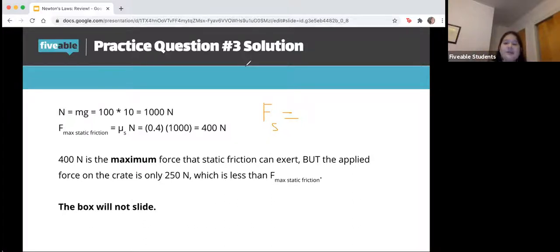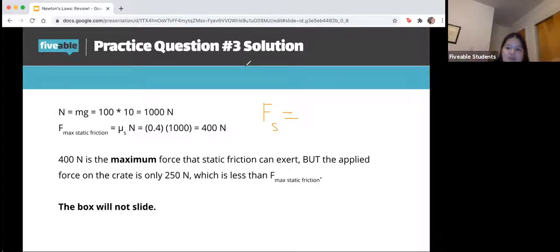Technically, the definition before was less than or equal to, and we could take advantage of that and say static friction is small if I'm only pushing a little bit. But whenever we talk about static friction, we're talking about the maximum, because that is in its essence what static friction is. So on its own, the static friction is 400. Static friction always goes in the opposite direction of the force that is supposed to accelerate.